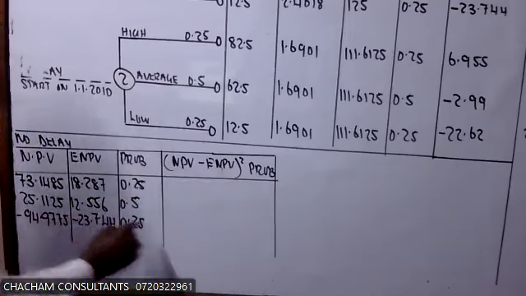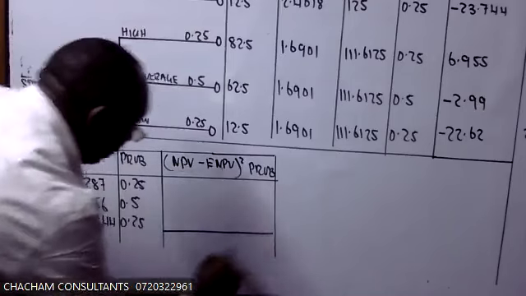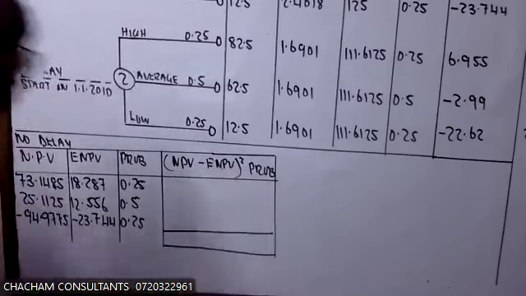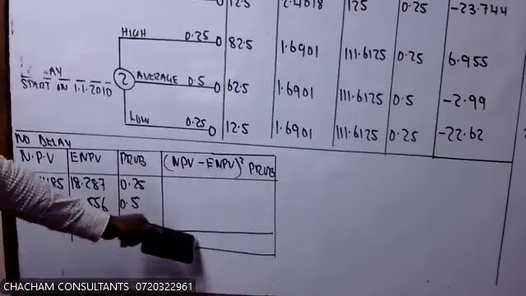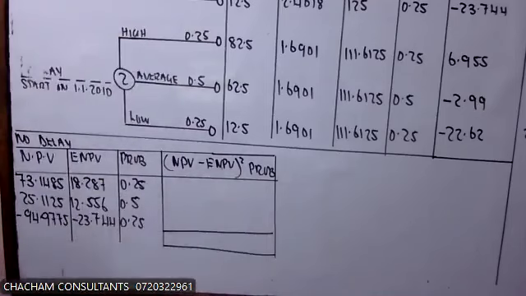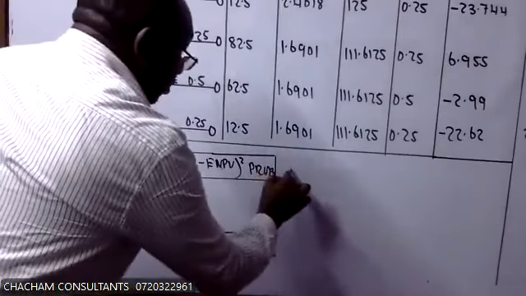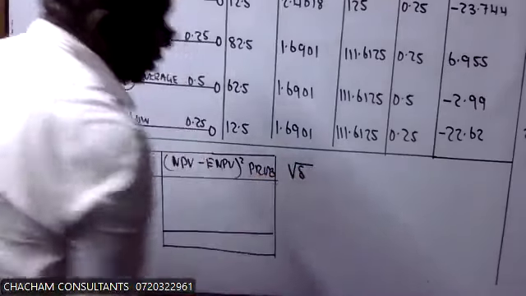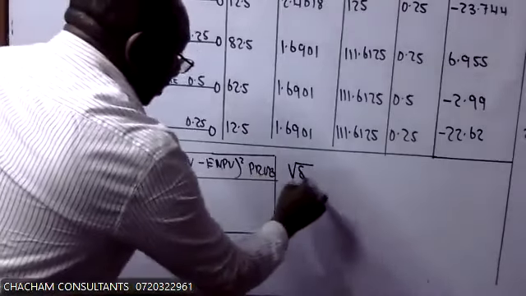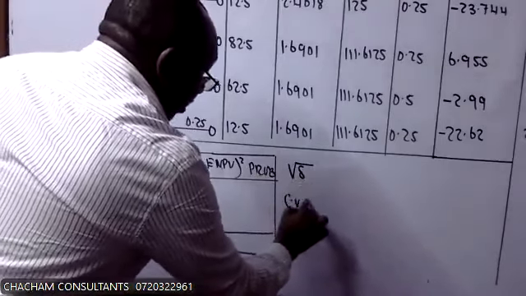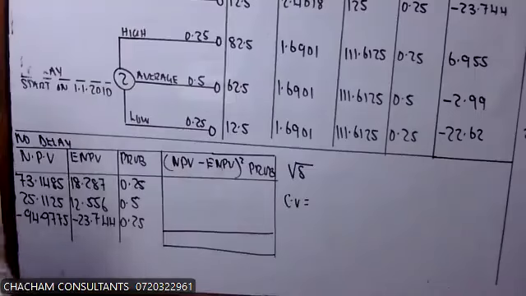The total that you shall get here, sorry, I'm rushing because of time, the total you shall get here is the variance. Then you get the square root to get the standard deviation. And then ukishapata standard deviation, you get the CV. You get the CV. Tumeelewana how to get the standard deviation.